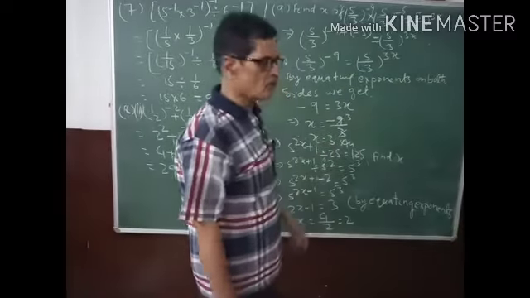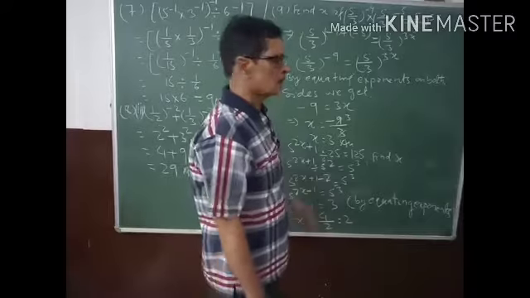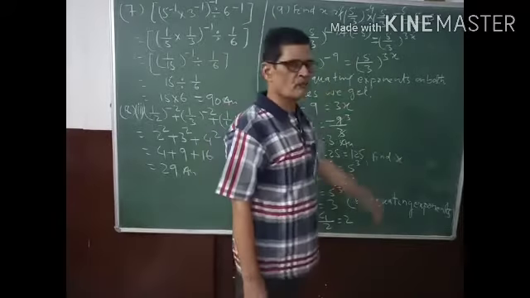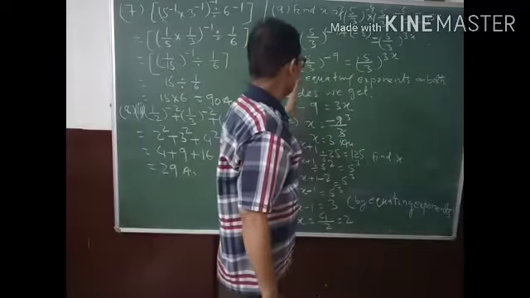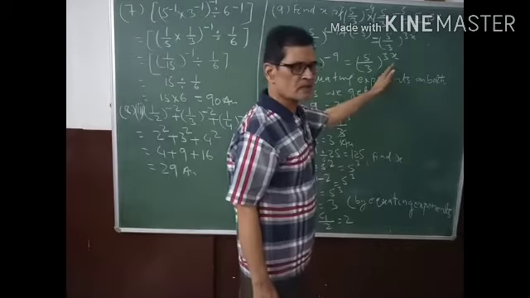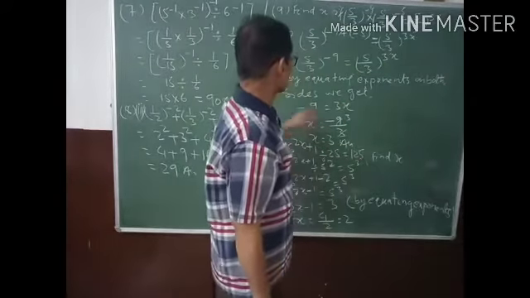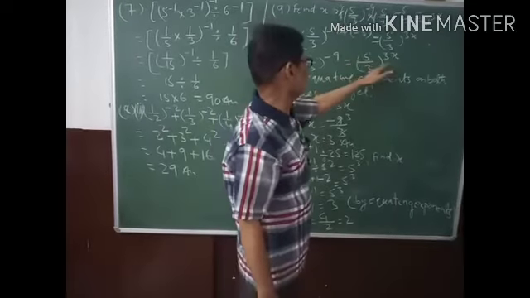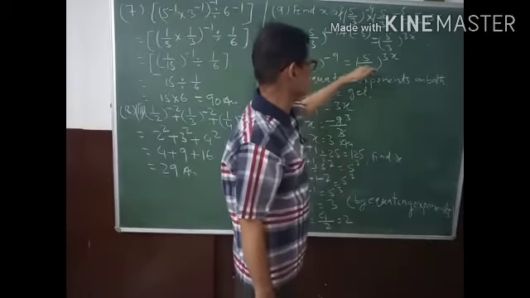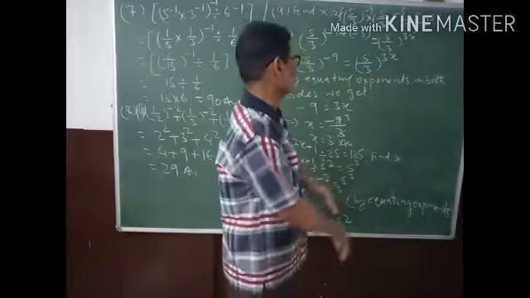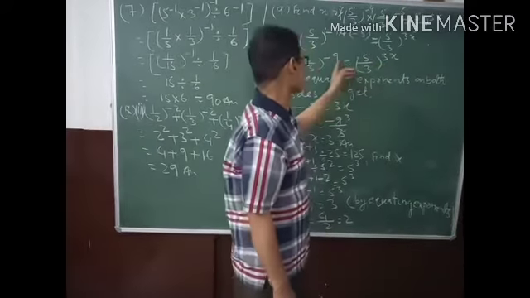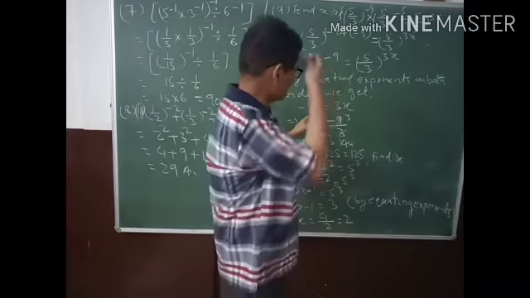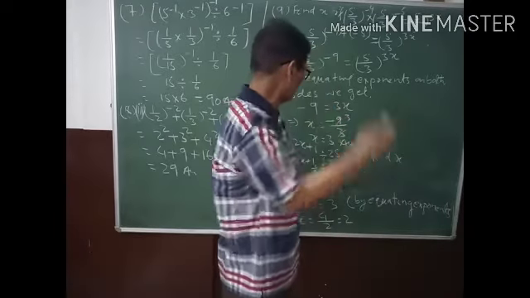Now you can equate the exponents on both sides. Why? Because you see LHS and RHS both are the same, so their values are the same. Bases are same, so exponents must be equal, and thus you can write minus 9 equal to 3x.